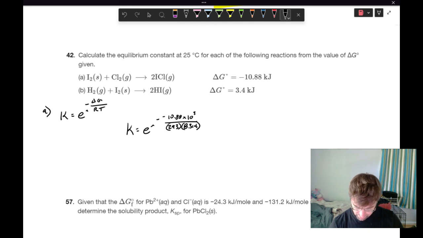I should do this separately first. 293 divided by 8.314. So K equals e to the negative 4.466. I'm still getting something weird here from what I expected.